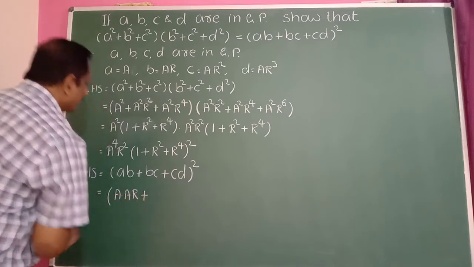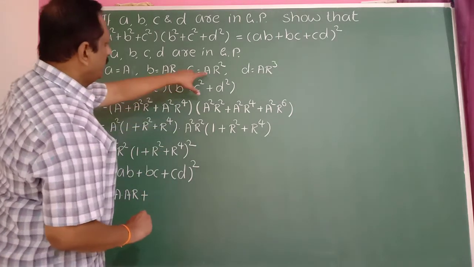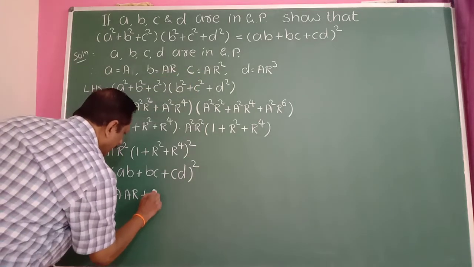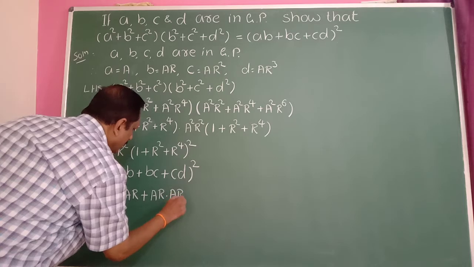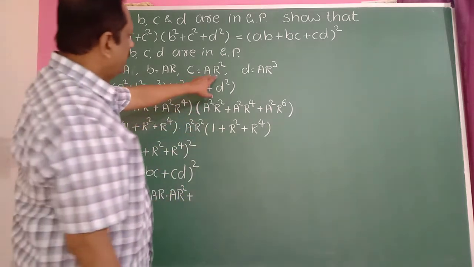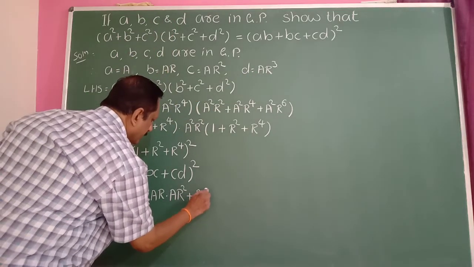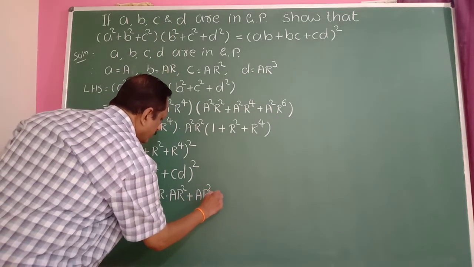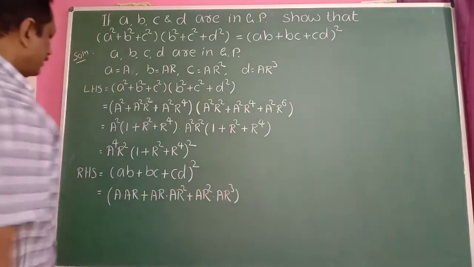Then plus b into c here, ar into ar square, ar into ar square here, then plus. Then cd, ar square into ar cube, ar square into ar cube here. Ar cube.